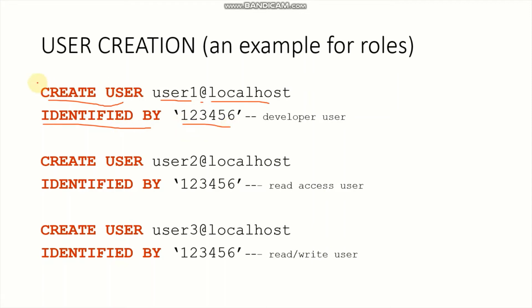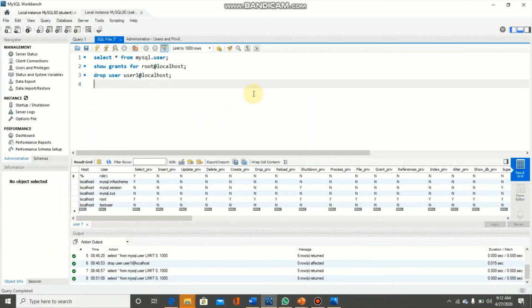With the help of this command we will create a user named as user1. So create user, name of user is user1, at host name is localhost, and identified by password 123456.